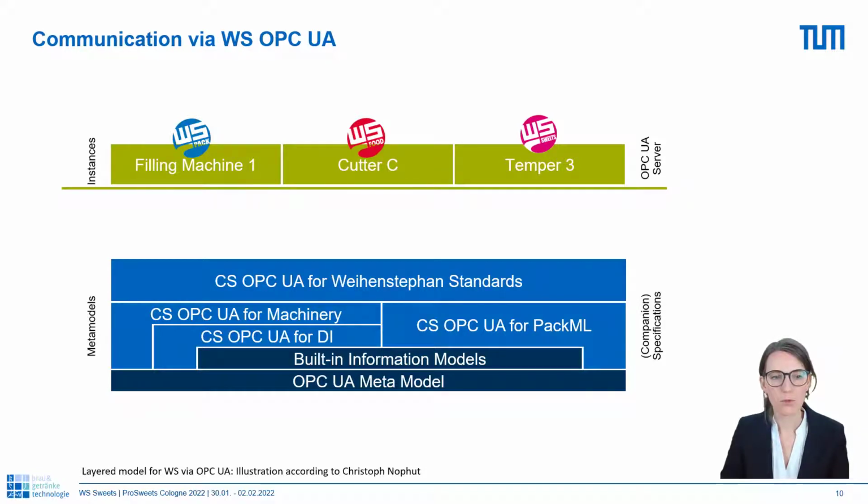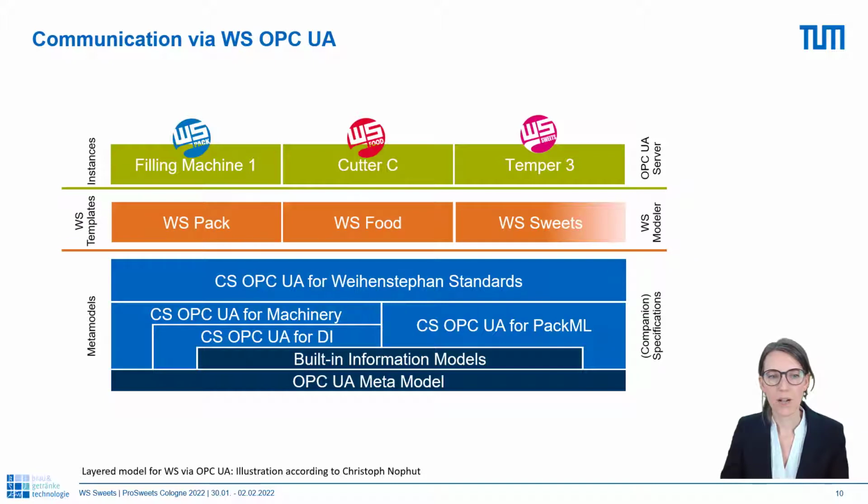The gap between our companion specifications for Weihenstephan Standards and our information model is covered by our WS templates. In here, as I formerly showed, it is exactly defined which data point applies for which machine, and the complete definition of the data points is inside these WS templates.